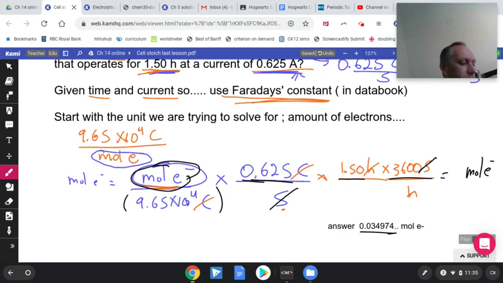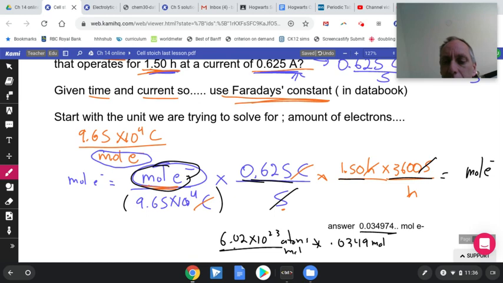And you get that answer, 0.034974 moles of electrons. It sounds like a really small number, but if you remember that 1 mole is 6.02 times 10 to the 23rd, that's atoms per mole. And then we have 0.0349 moles.